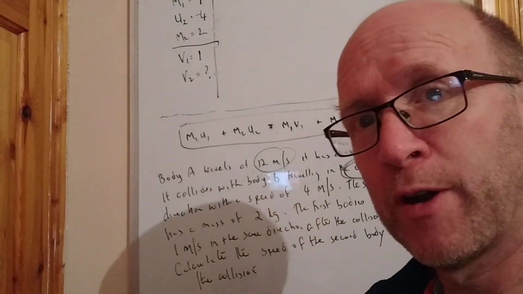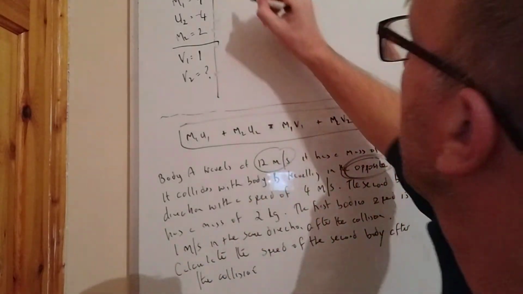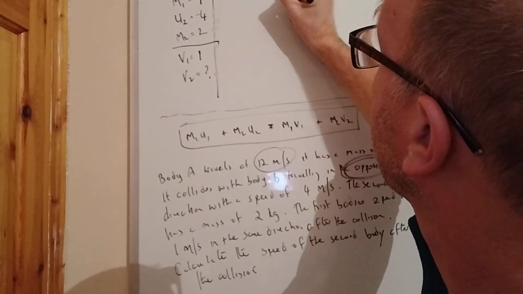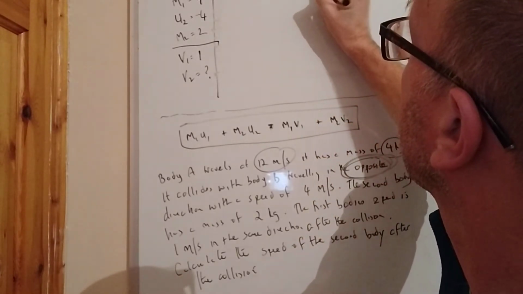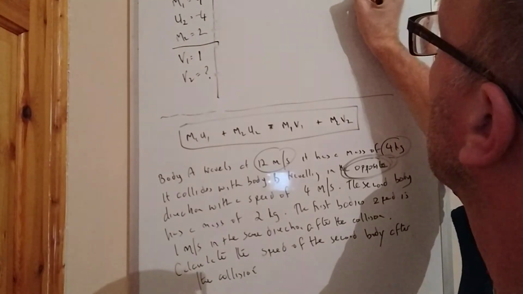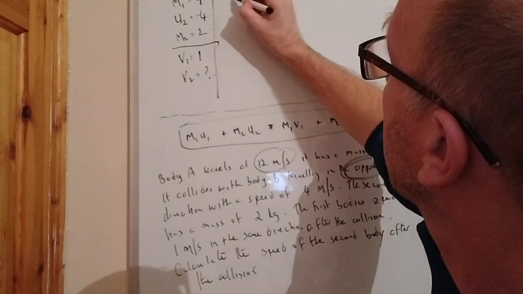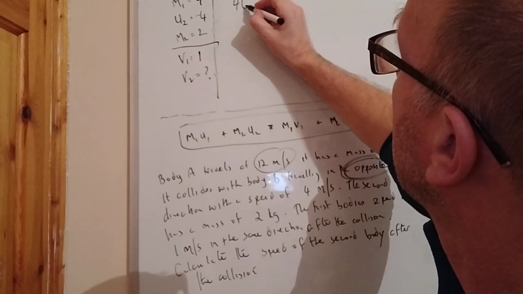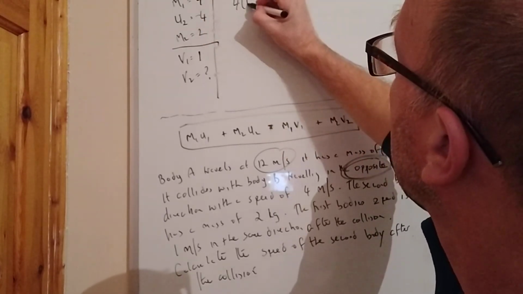A lot of work done there. Now we're going to write down the formula that's given to you. Let's go through it. m1, the first body, instead of m1, 4. u1, 12.